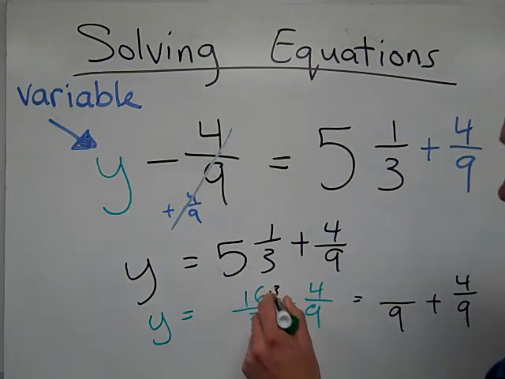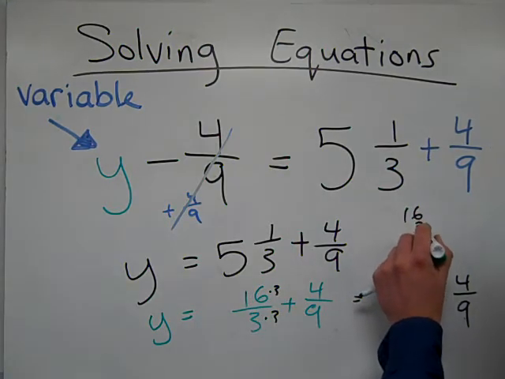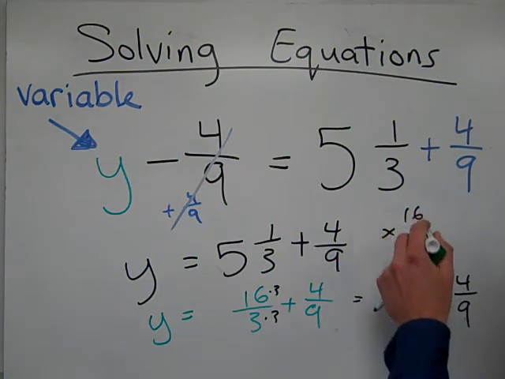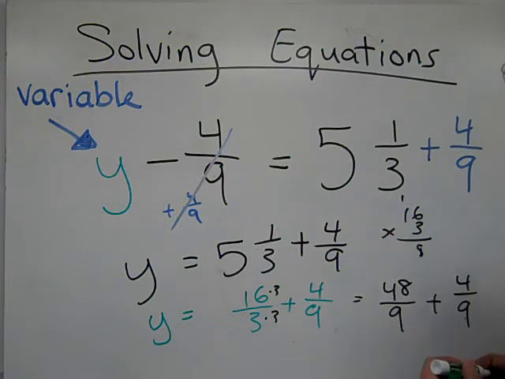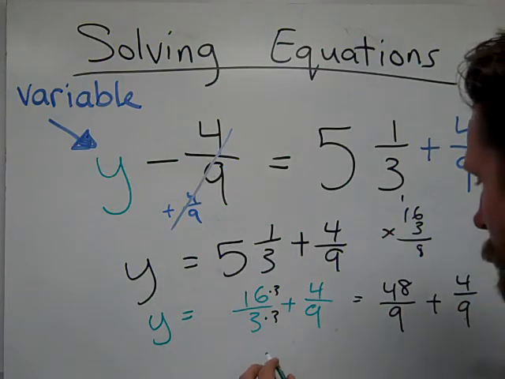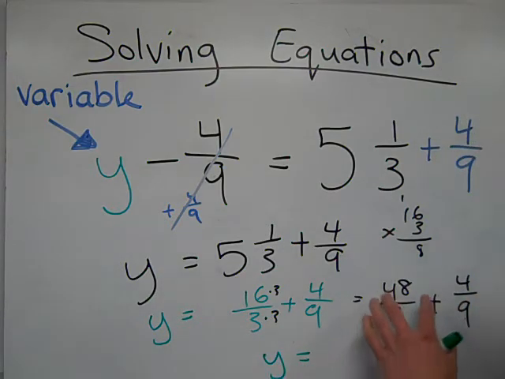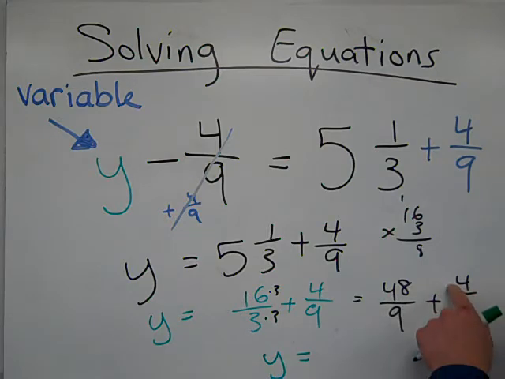So now we got to multiply 16 times 3. You can just do it over here. 6 times 3 is 18, 48. Add it together. We're going to get y equals 48 plus 4, 52/9.